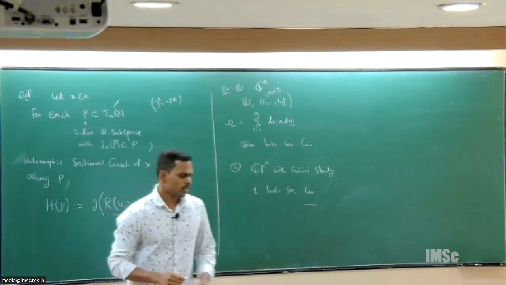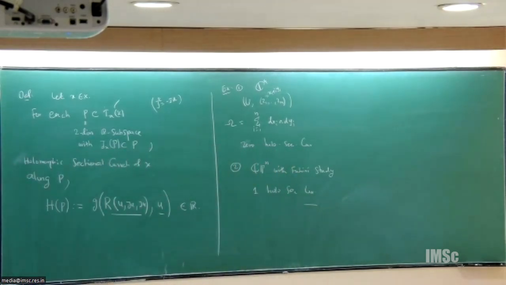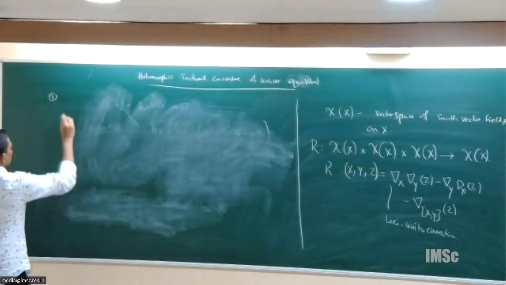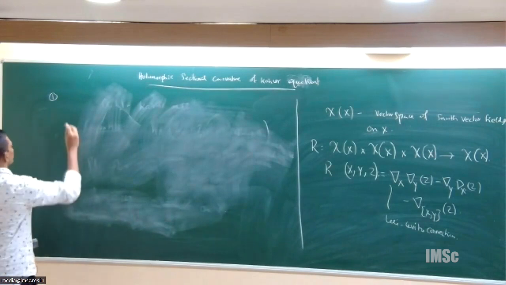So I give two motivations for why we should know about the holomorphic sectional curvature. The first one is the general point. If you know the sign of holomorphic sectional curvature, we can get more information about the manifold.